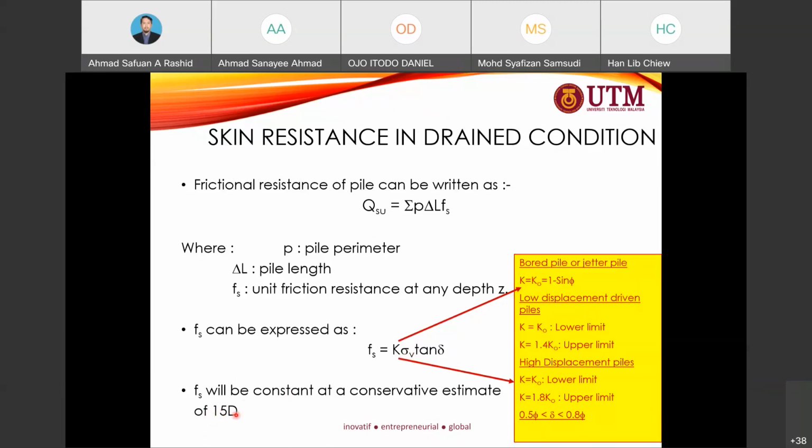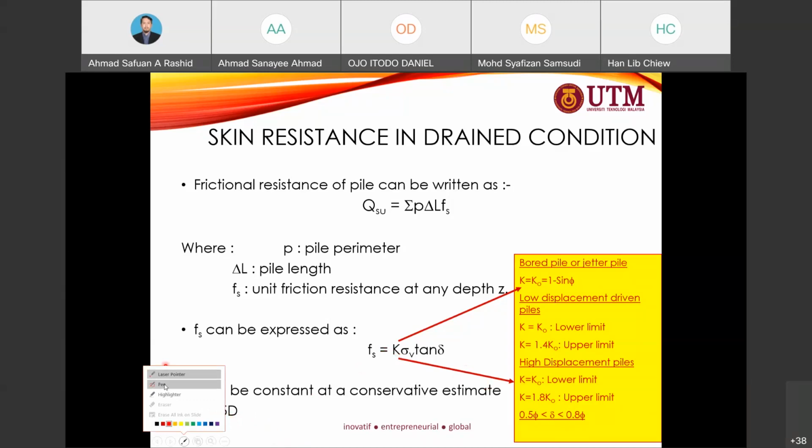We should count this 15D because we don't want to overestimate the friction from the skin of the pile. Let's say the diameter of the pile is 1 meter. So the effective depth is 15 times 1, 15 meter. So the effective stress only considers up to 15 meter, and then it will be a constant value downward.